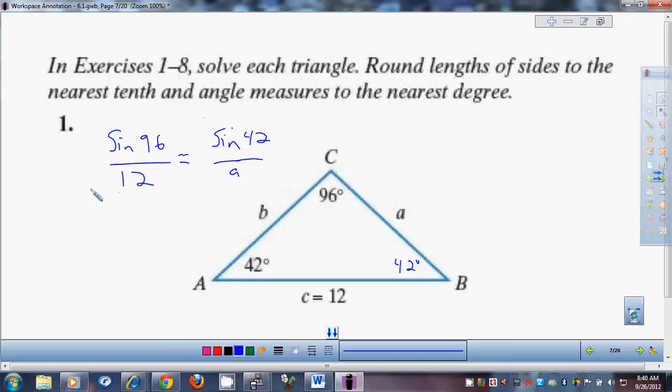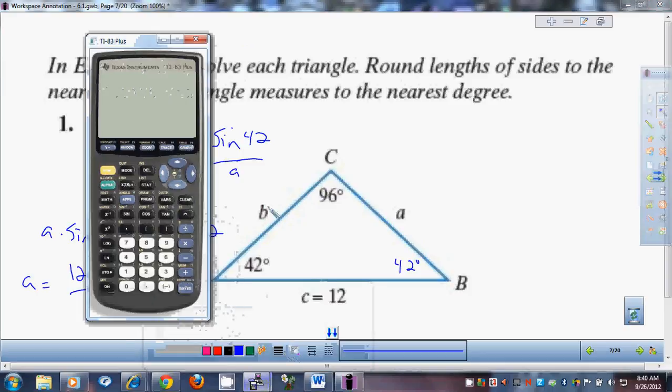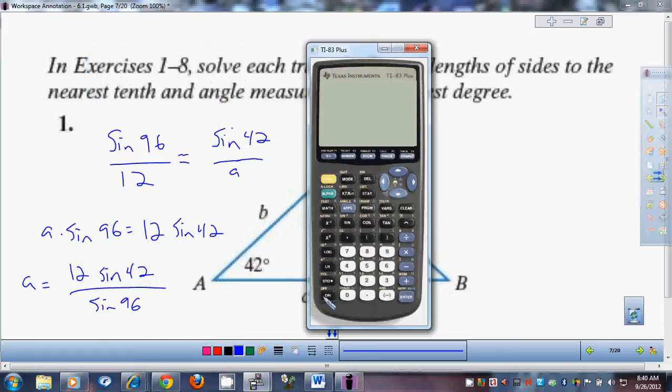Cross multiply to solve your proportion. Divide by sine 96. And click her on into your calculator. Clear. 12 sine 42 divided by sine 96.